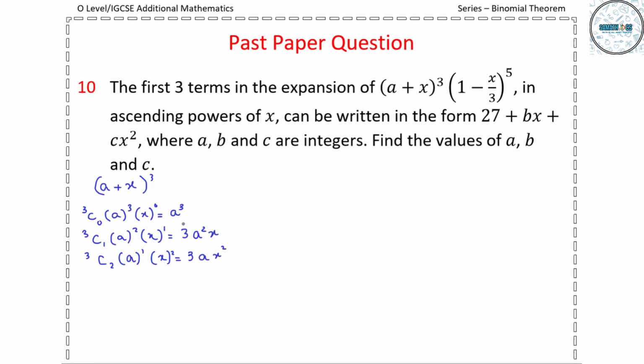So the first three terms in the expansion of (a + x)^3 are a cube, 3a square x, and 3ax square.